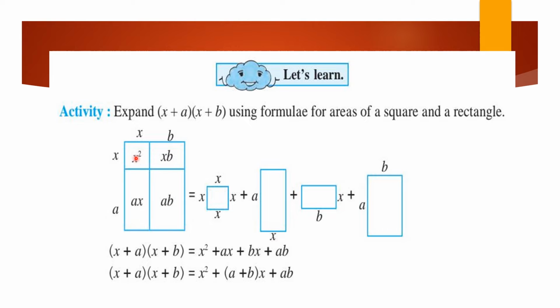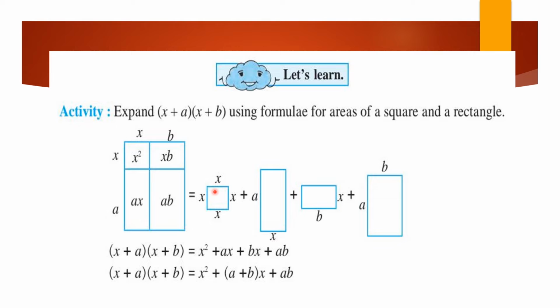Now, this square has side x. Then this rectangle has length b and breadth x. Again, this rectangle has length a and breadth x, and this rectangle has length a and breadth b.